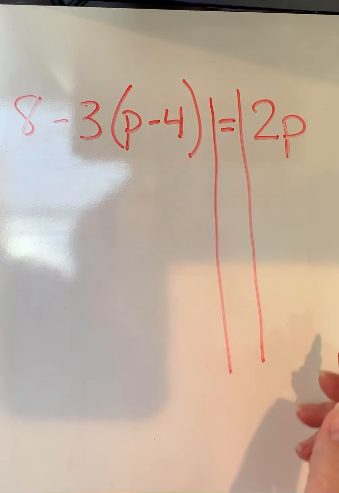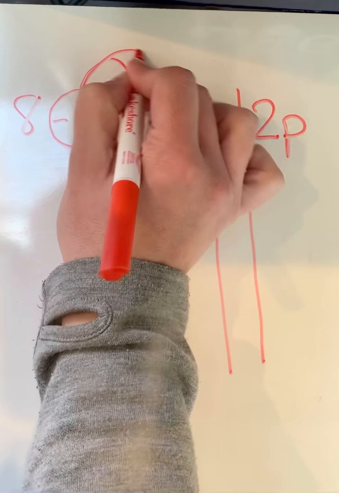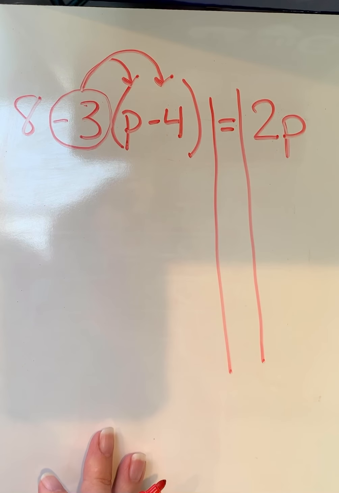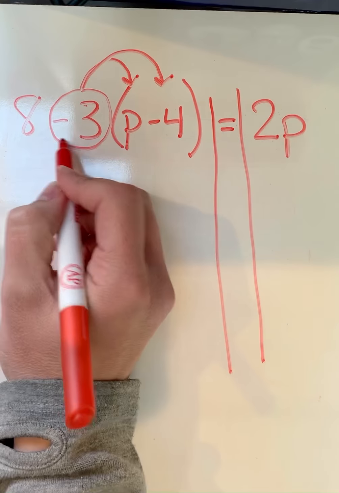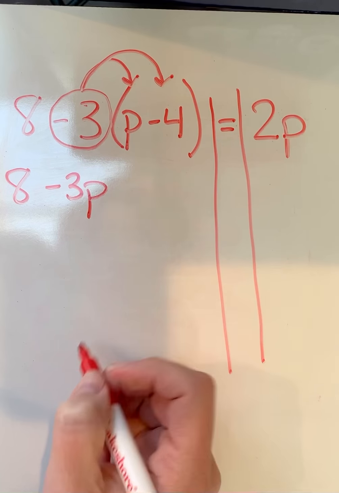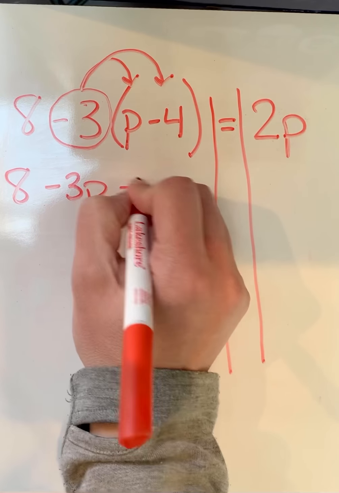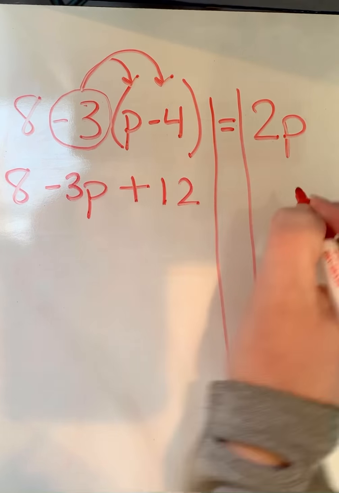Remember, if there is a minus sign in front of the number that you're distributing, that gets included. Okay? So you're distributing the negative 3. So the 8 doesn't do anything yet. You just bring it down. Negative 3 times p is minus 3p. Negative 3 times negative 4 is plus 12 equals 2p.